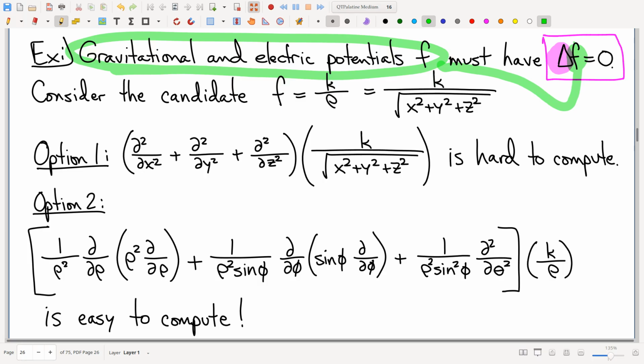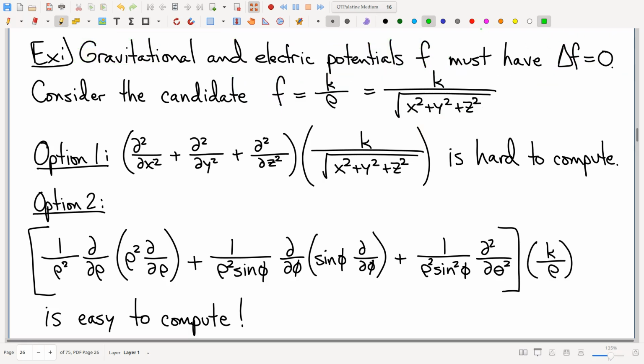Now, I'm going to propose that for a point mass or point charge, whatever, I'm going to propose this is a solution. Our job now is to confirm that that actually works. So all I have to do is plug it in and do the calculation. No sweat, but here we go.